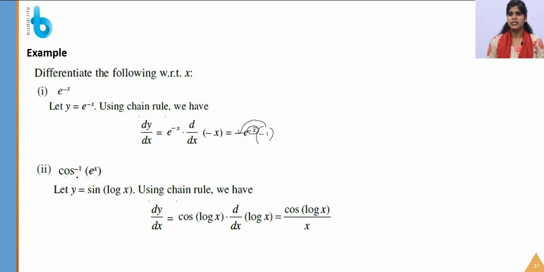Similarly this also by using the chain rule: cos of log x, and again we have to find the derivative of log x, which is 1 by x. So, while finding the derivative you should check the inner function also.